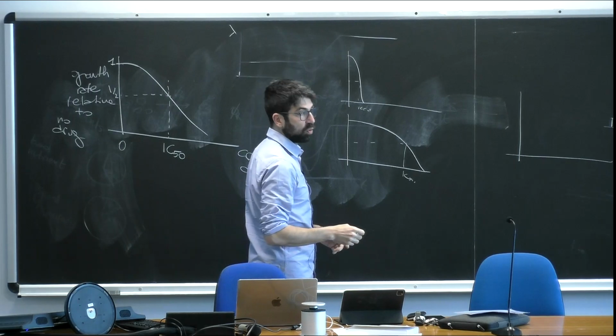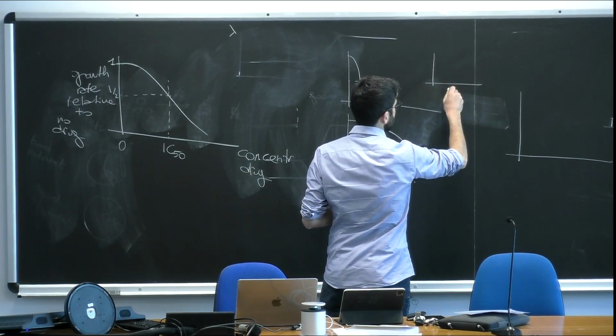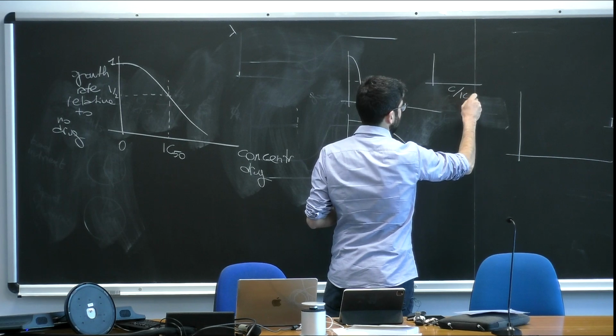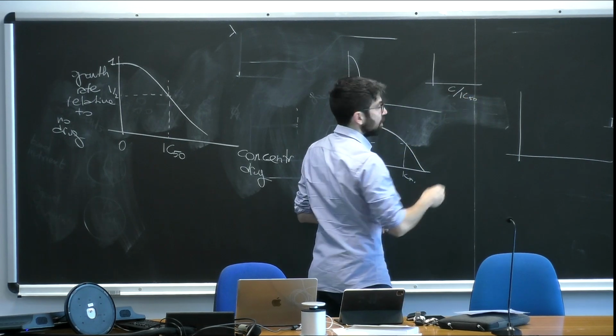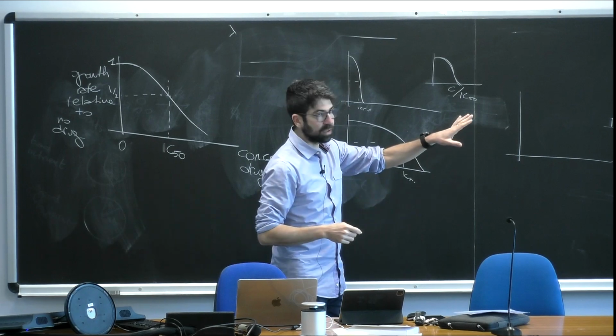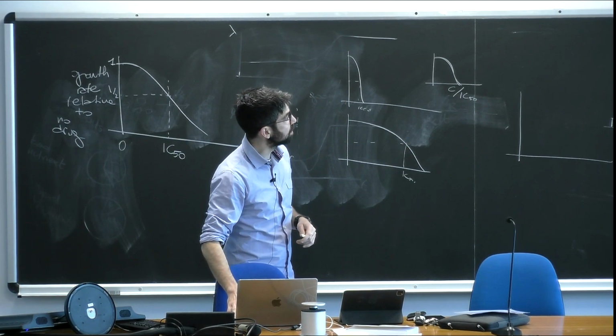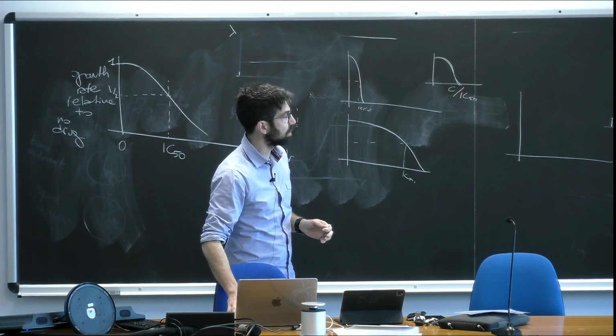But it could still be true, in principle, that if I plot the concentration divided by IC50, then the two curves are the same, okay? This is not the case, right? If you look at the shape of these curves, they don't look very similar. They have some similarity, but they are not the same, okay?